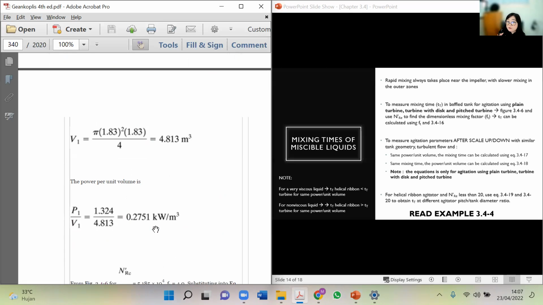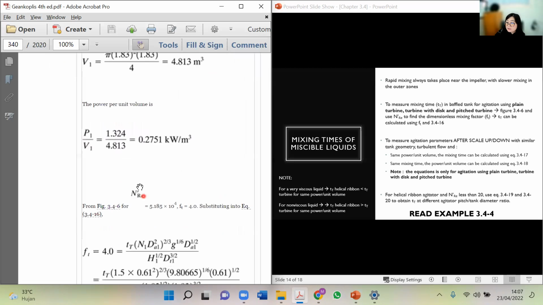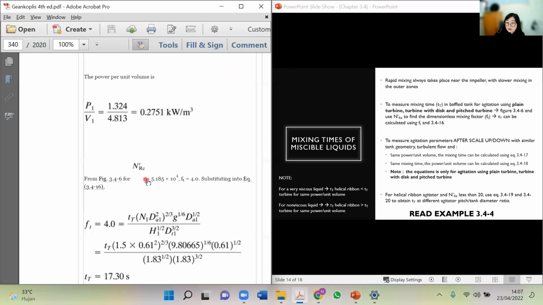If we are asked only to find the mixing time, then we can try to find the N prime Re, which can be found directly from example 3.4-1.